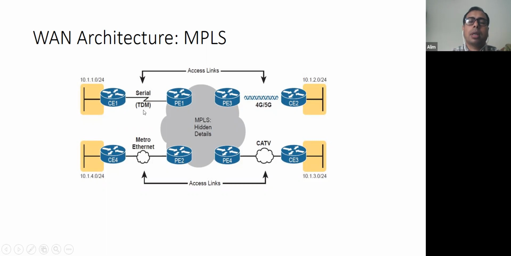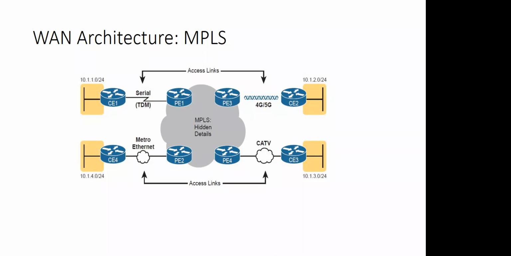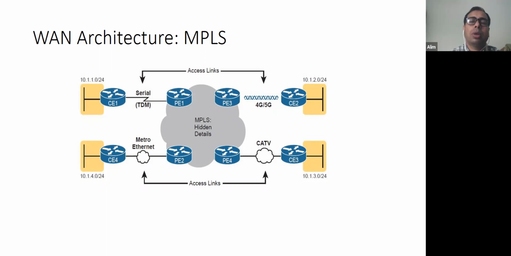You can use TDM based connectivity, that can be an optical connection, and another connection could be point-to-point radio. Okay, you install a radio on your rooftop, and another radio at the rooftop of the point of presence of the service provider. Okay, you can provide connection between those, or you can use a 4G or 5G network.